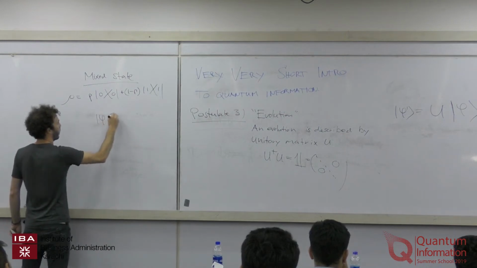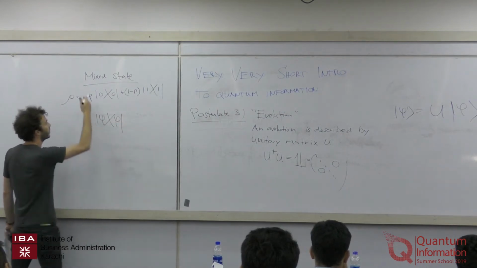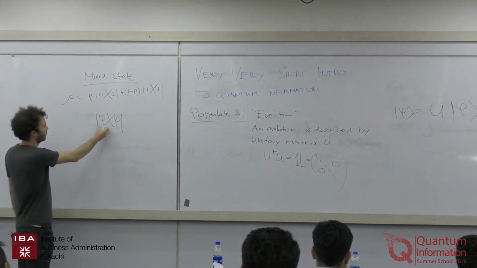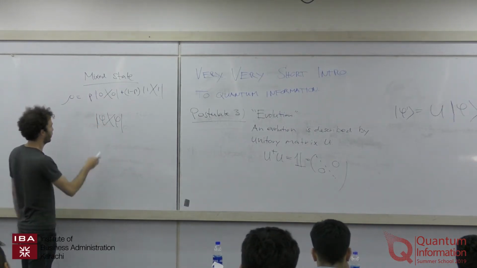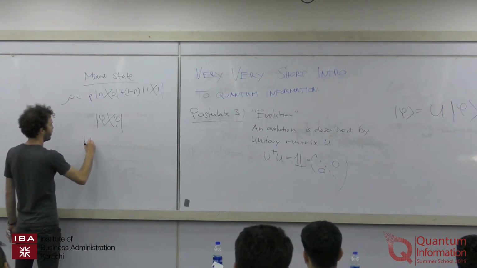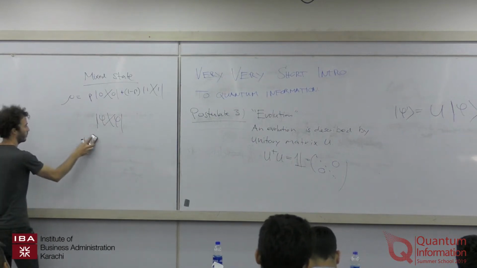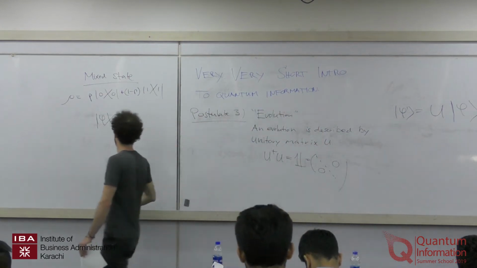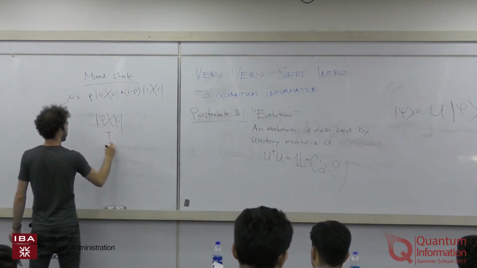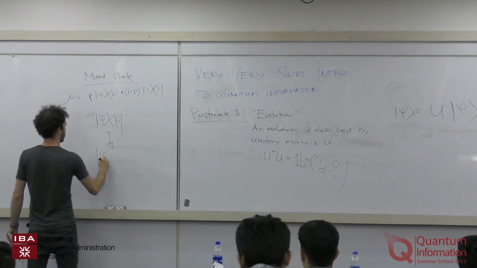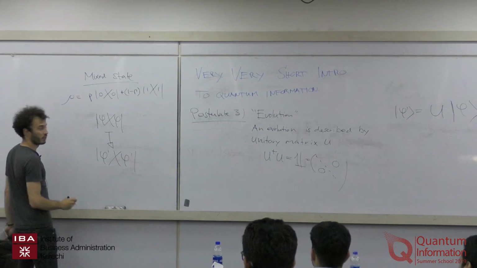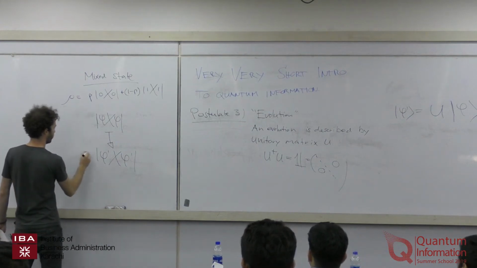This is called the density operator of a pure state. If you apply the unitary U, you get phi prime. So this is mapped to this. And how is this done?